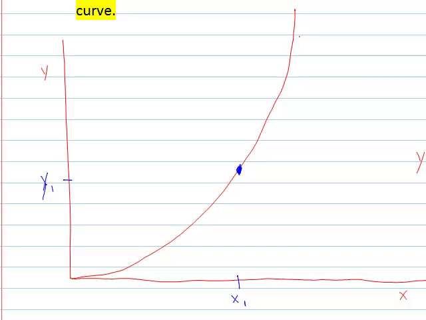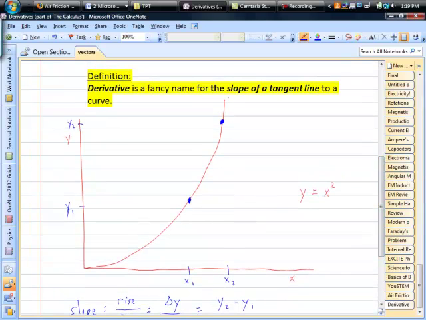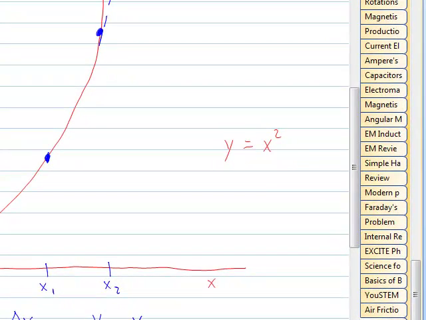So I'll arbitrarily choose some other point on the curve, maybe way the heck up here. Now that point has its own x-coordinate, which we could call x2, and its y-coordinate, y2. Okay, and therefore, if we have those 2 points, then we can draw a line between them, and we can figure out what the slope is of that line, that little dashed line I just drew.